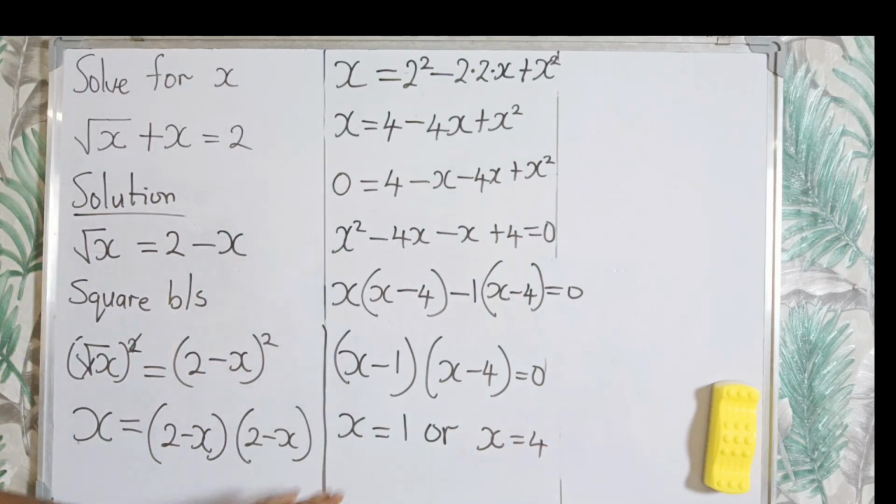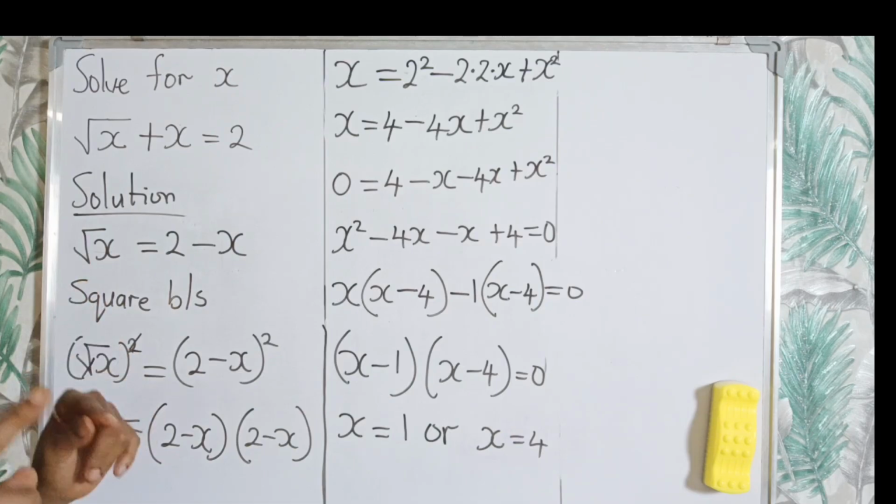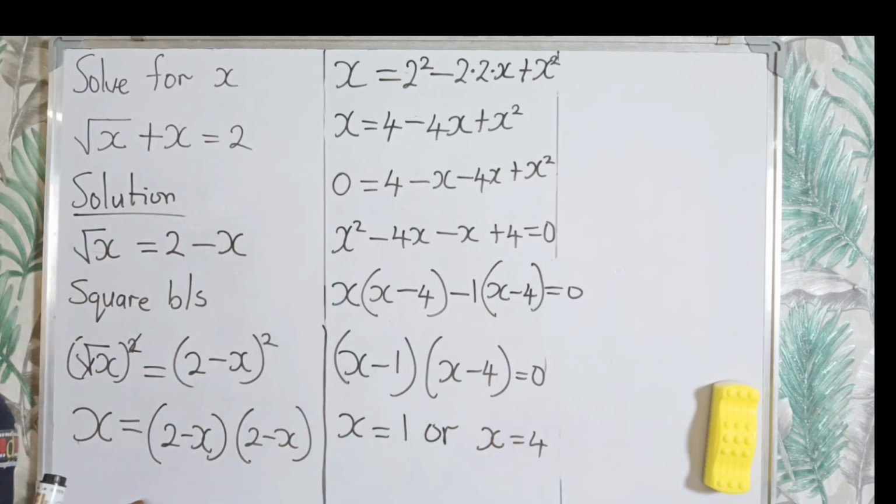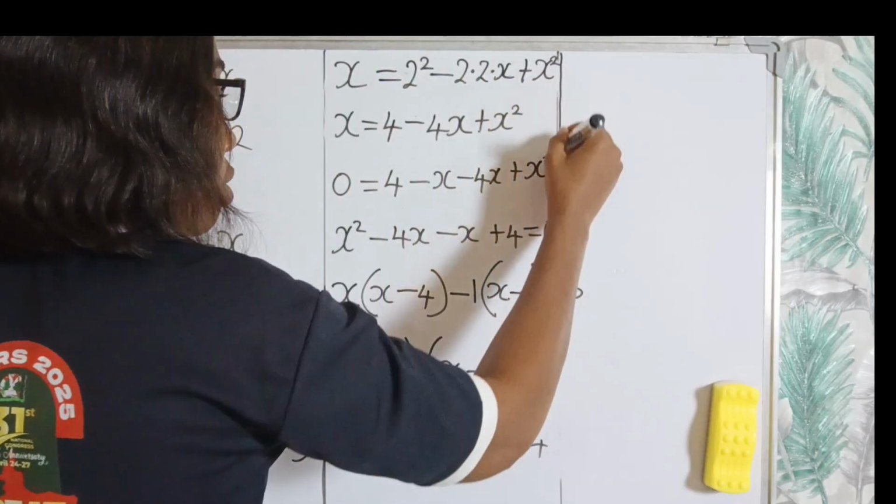So we have two values for x, but we have to test to be sure which of these values is the real value of x. So we are going to plug in these values into the original equation and see if it will be equal to 2.